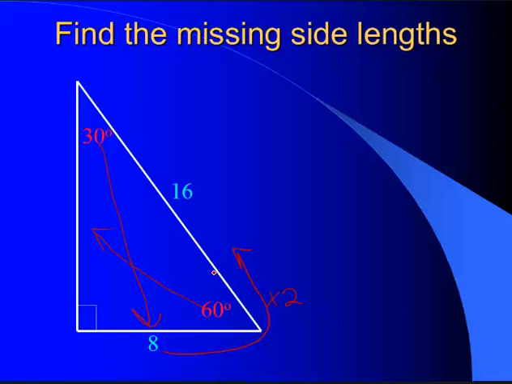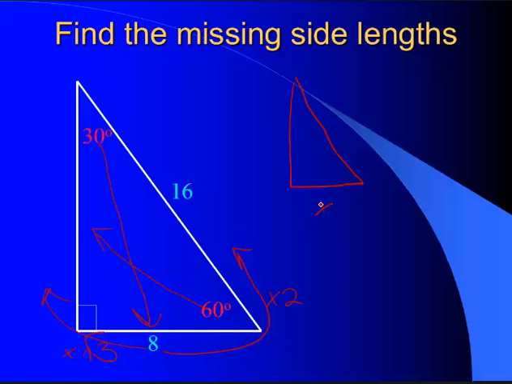What do I do to go from my short side to my long side? Am I going to multiply or divide if I'm going from short to long? I'm going to multiply. What do I multiply by? The square root of 3, because here is my pattern. Again, you need to know this pattern.